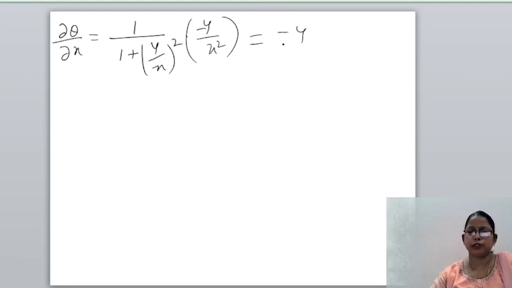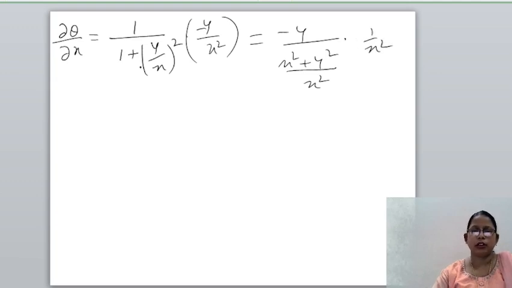This is x square plus y square by x square. I have taken the LCM, then multiplied by x square, and I will get this.